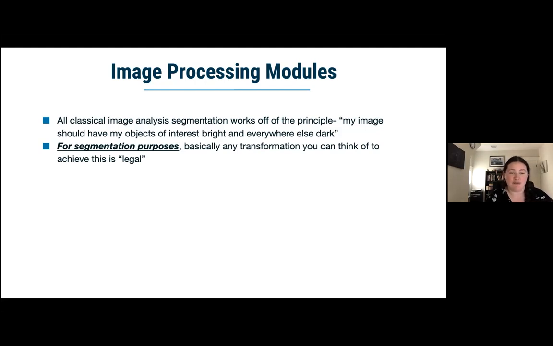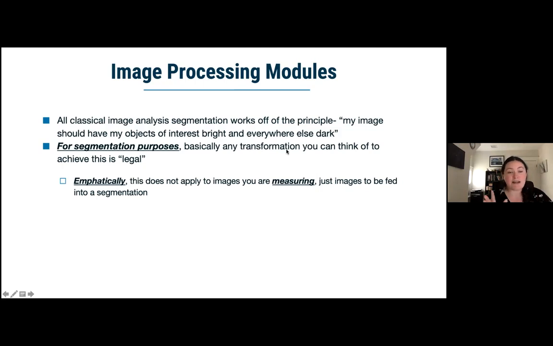And this is why CellProfiler contains so many image processing modules. This does not mean that you should measure the images that you might do some pretty radical transformations to. How you treat images that are going to be measured is a whole separate thing that I won't get into today, but there are great resources on this online. But for something that you are just using as part of a segmentation, anything goes.